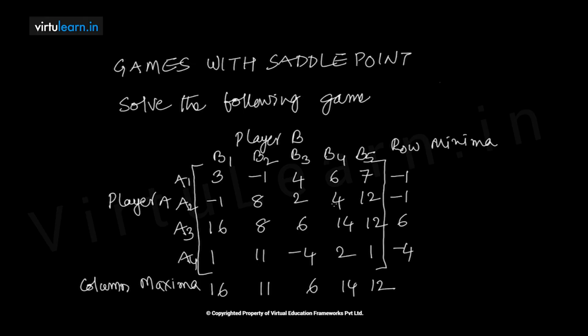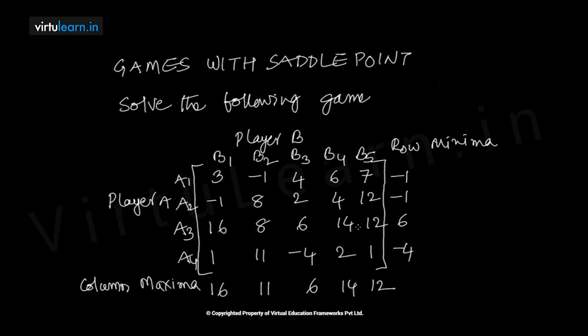But player B has no control over A's strategies. That means when player A chooses any of his strategies, player B is free to choose any of his strategies. So these row minima represent the minimum gain that can be gained by player A for each of his strategies when B chooses his best strategy.